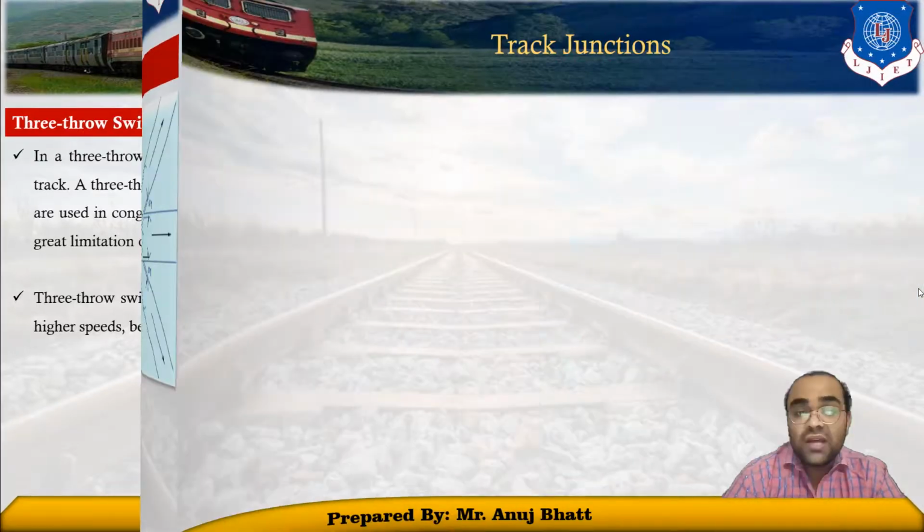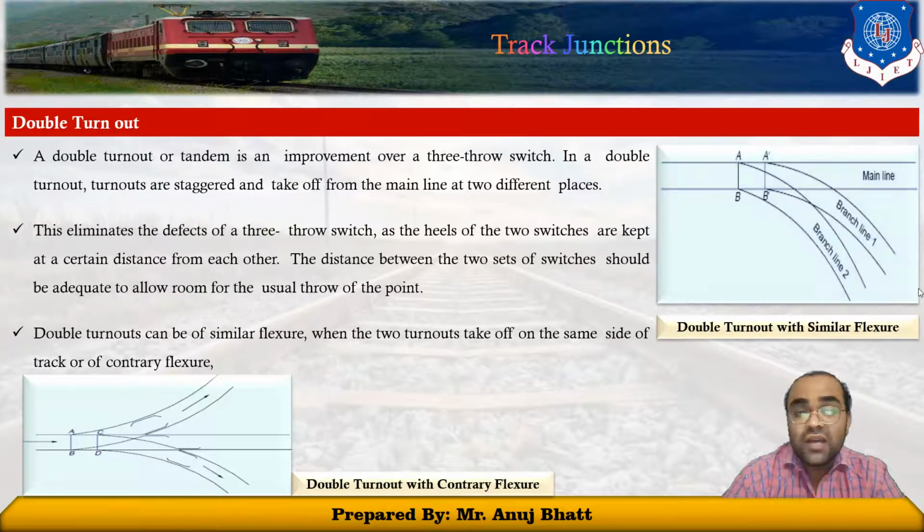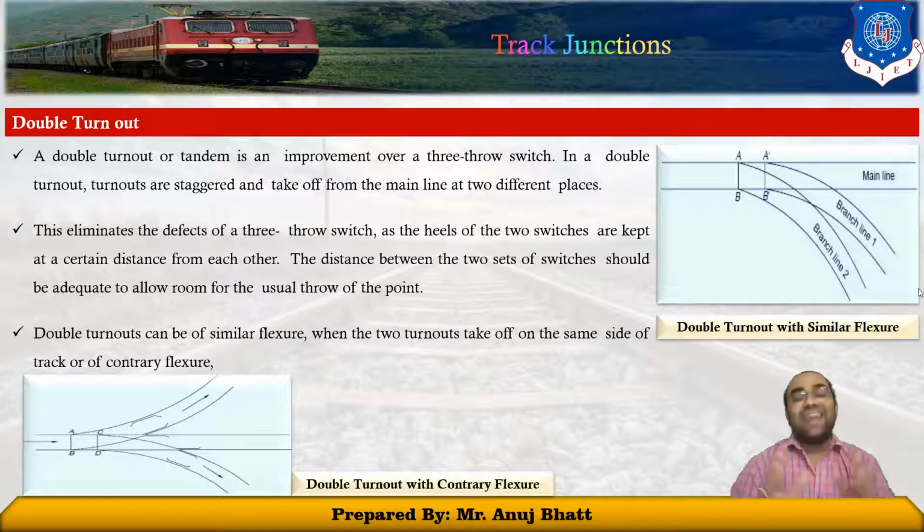Well, the next one is the double turnout. This double turnout, or tandem turnout, is an improvement over the 3-throw switch. In a double turnout, turnouts are staggered and take off from the main line at two different places, as shown in this figure.